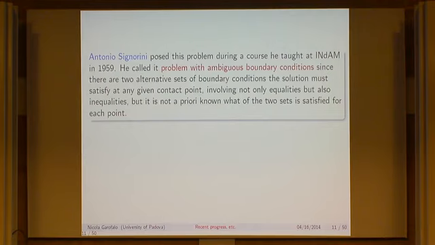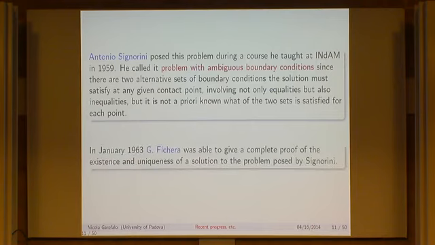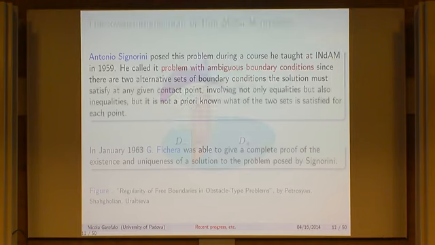There is a set of two alternative boundary conditions that the solution must satisfy at any given contact point, and a priori you don't know which one is satisfied. You just know a nonlinear condition between the two. As I said, Fichera, who was a student in that course, was able to prove existence and uniqueness of a variational solution to the Signorini problem.